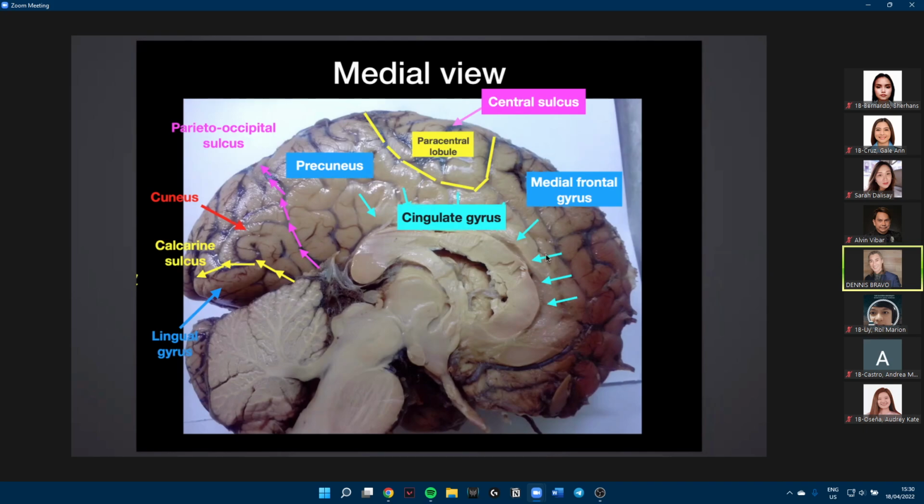We call it the cingulate sulcus. It doesn't really have a label in this particular slide, but just above the cingulate gyrus is the cingulate sulcus that separates the cingulate gyrus from the medial frontal gyrus.